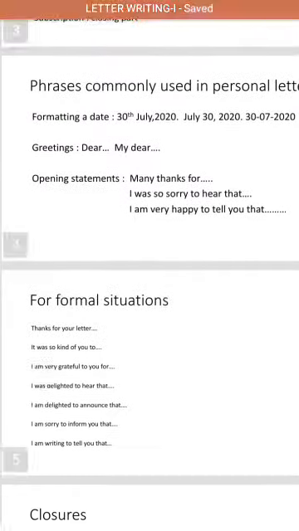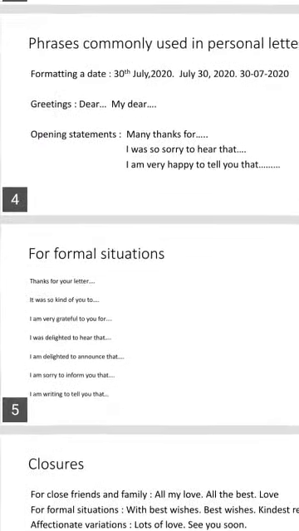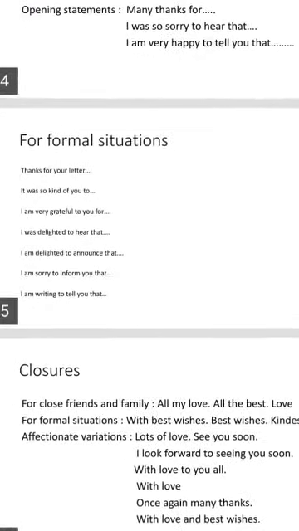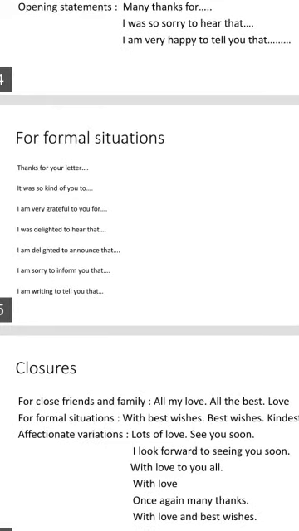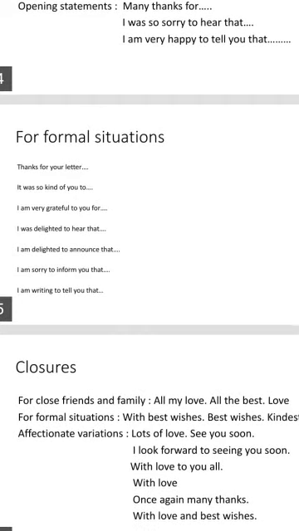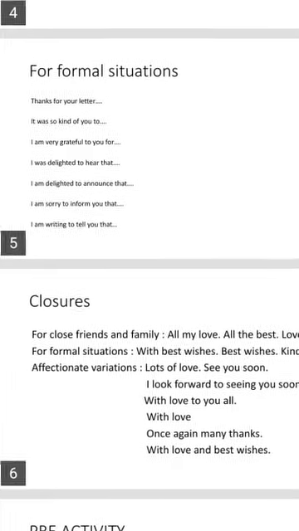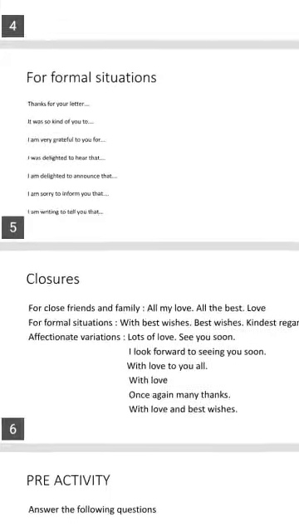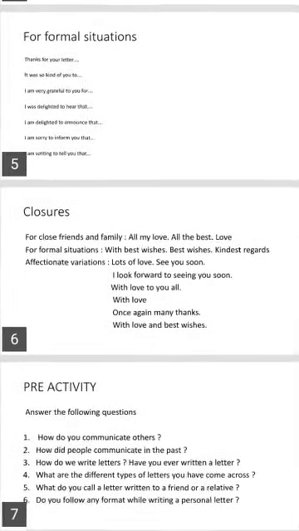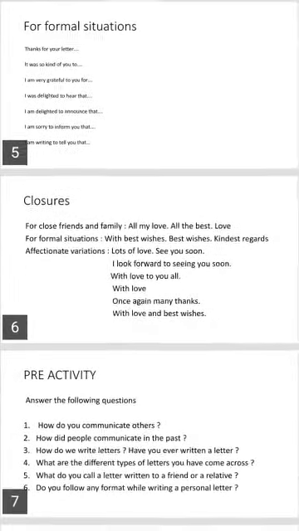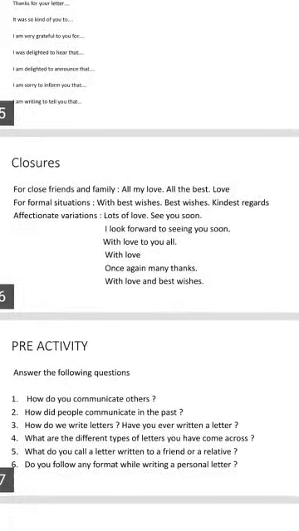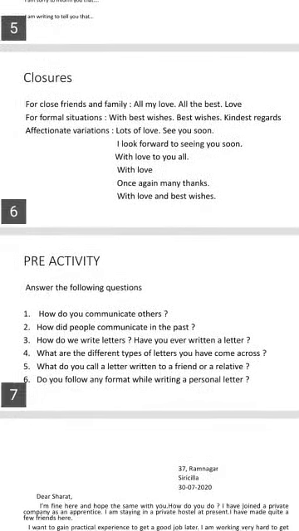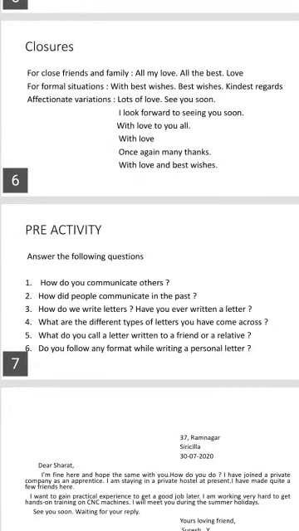Then we learned what are the stock sentences that can be used in writing informal letters, and what are the different closures, how to close a personal letter. It depends upon the relation you have with the person. Then we have the pre-activity.